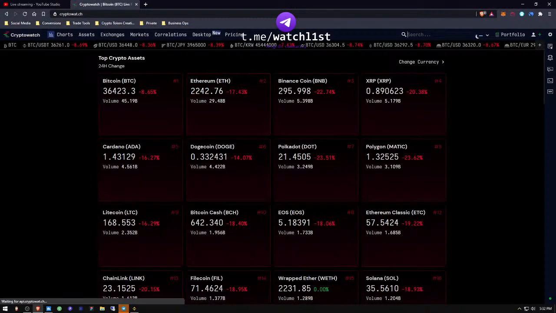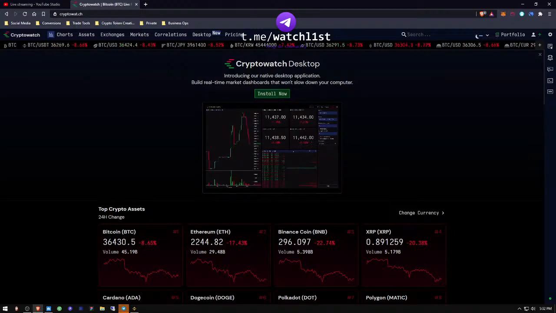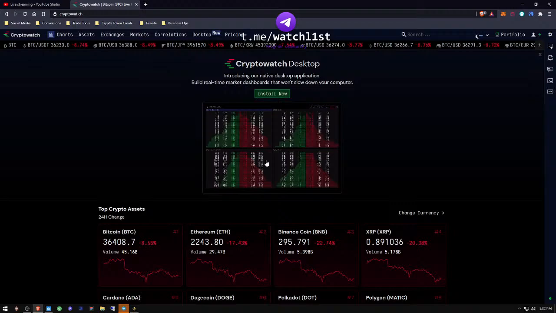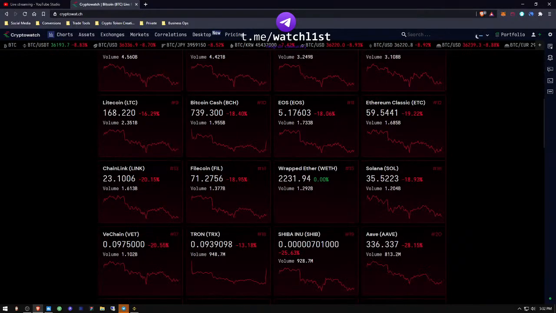I don't know if you guys have heard of them, but they're an amazing sort of, I guess you would call it, third-party connector for exchanges. They do have a desktop app that's good for price watching, and you can trade through their platform by connecting your exchange APIs and whatnot. They're a pretty good platform to utilize.